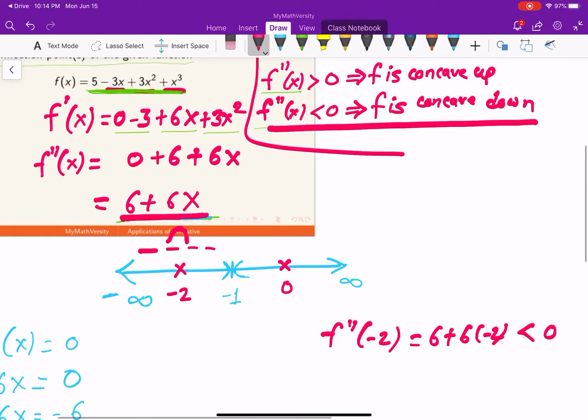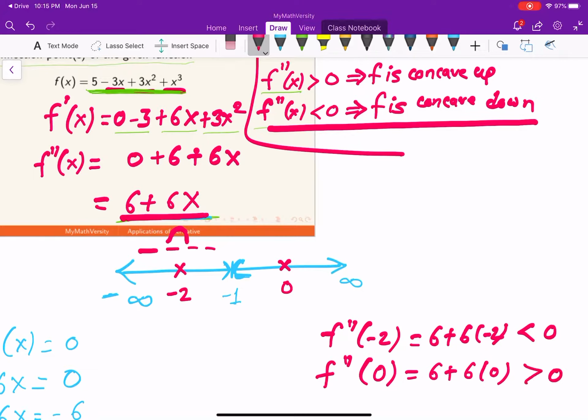All right, so in the same way, let's see what happens on the interval from negative 1 to infinity when we plug 0 into the second derivative. What do we get? F double prime of 0 is equal to 6 plus 6 times 0, which is actually just 6. That means it is positive over there. The second derivative is positive.